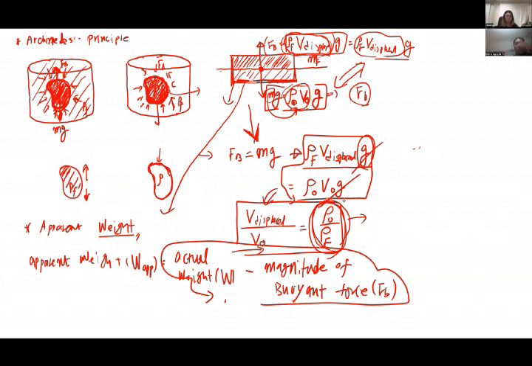Okay, the bigger the density difference, the bigger the weight difference between apparent weight and actual weight becomes. So this is the summarized notation of the Archimedes principle.